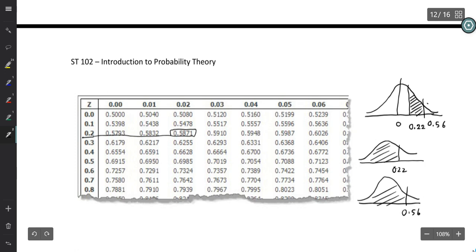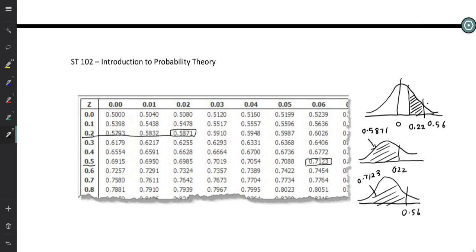What is that probability? 0.5 and 6. Right? So you go along 0.5 until you come under 0.06. What is that area? 0.7123. So you have this whole left tail up to 0.22, it's 0.5871, and the tail area to the left of 0.56, 0.7123.